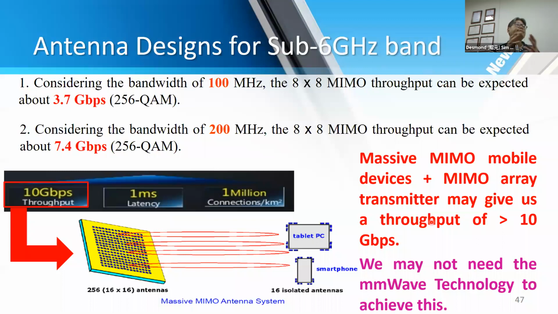So it came back to the initial question: we may not need millimeter wave technology to achieve that. But then another question arises: why are we focusing on millimeter wave technology right now for 5G? The reason is that the Americans, especially Donald Trump, keep focusing on that. He said that in the United States they should use millimeter wave technology.